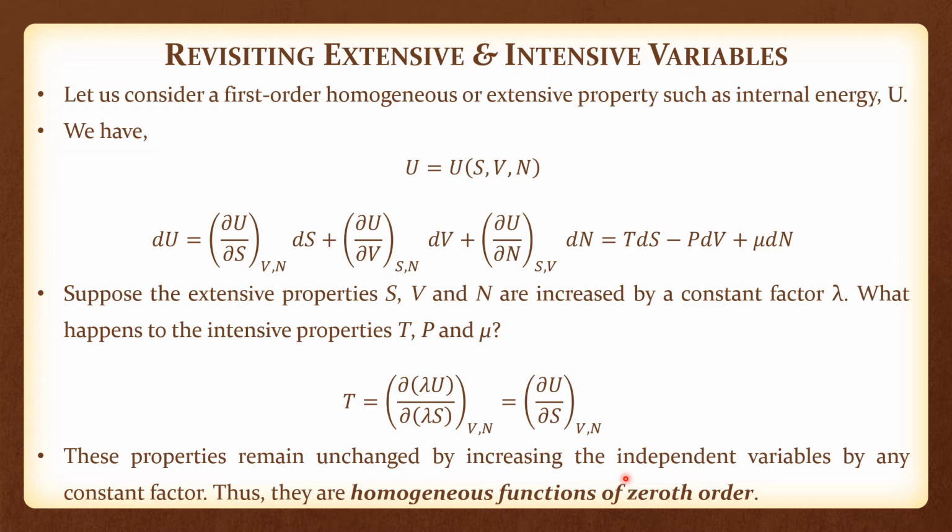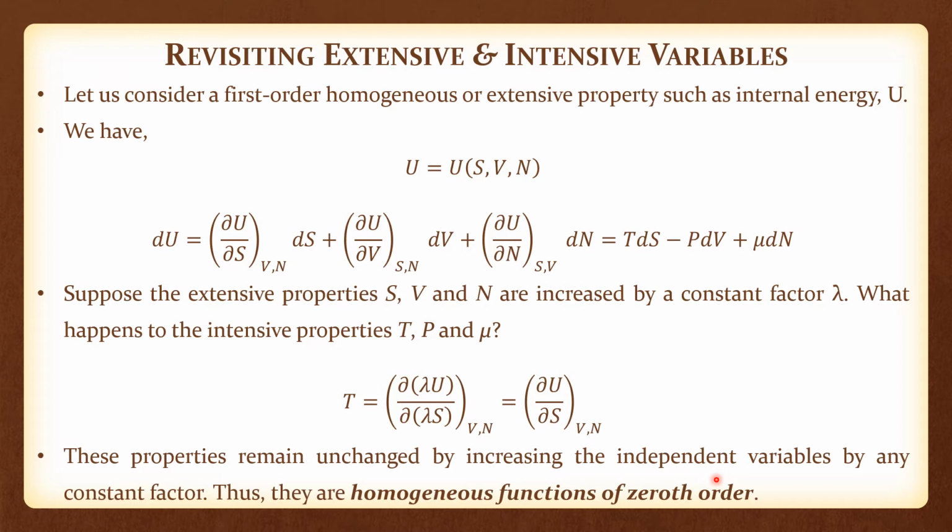Intensive properties are independent of the size of the system. By increasing each of the extensive variables by a constant factor, I'm effectively increasing the size of the system, and that has no effect on the intensive properties, right? Thus these are homogeneous functions of zeroth order.